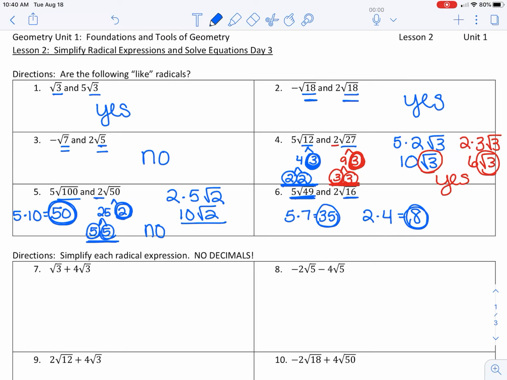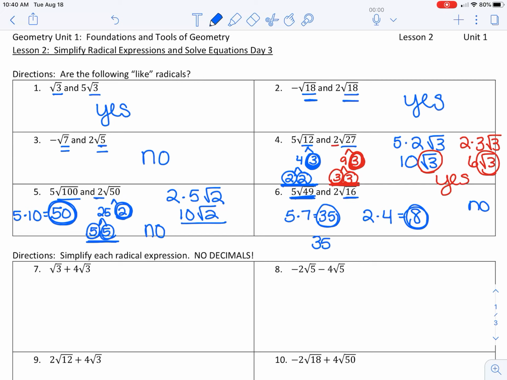And I kind of look at this actually 2 ways. For one, it doesn't have a radical. So a lot of you are probably going to be like, nope, it's not a like radical. But technically, the square root of 1 is 1. And if I take 1 times any of these, it's still going to give me the same answer.